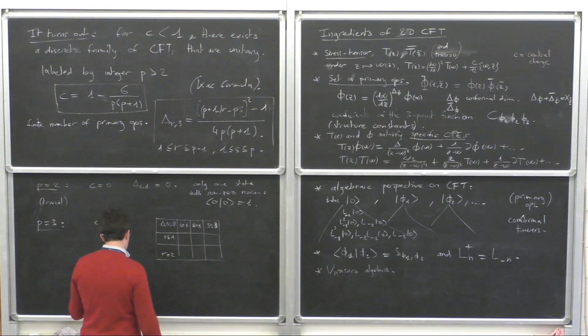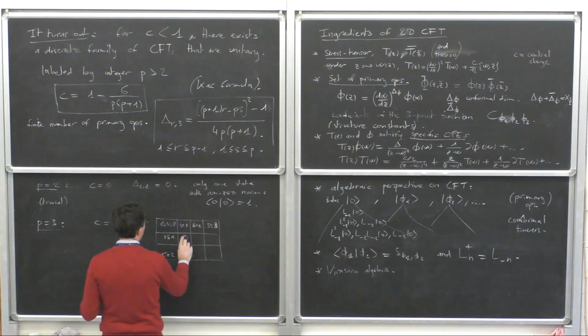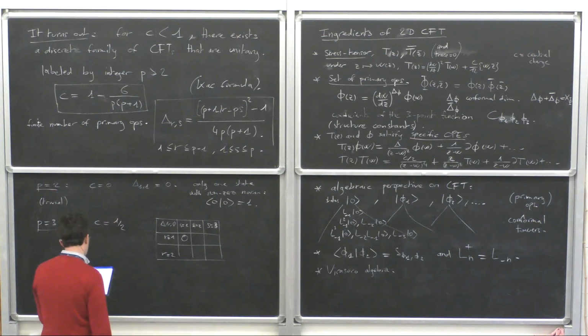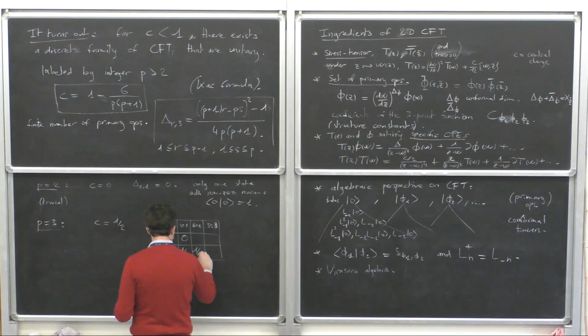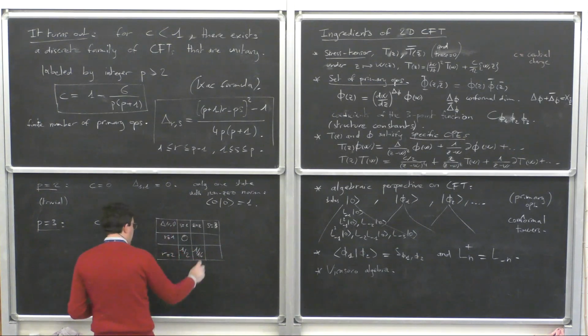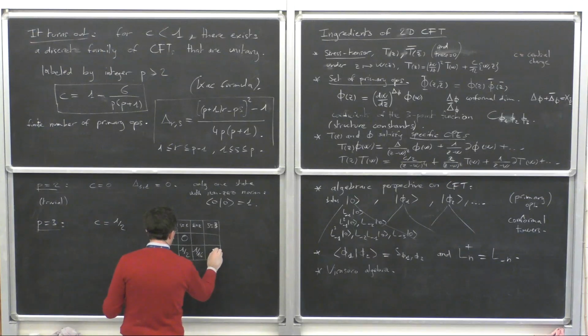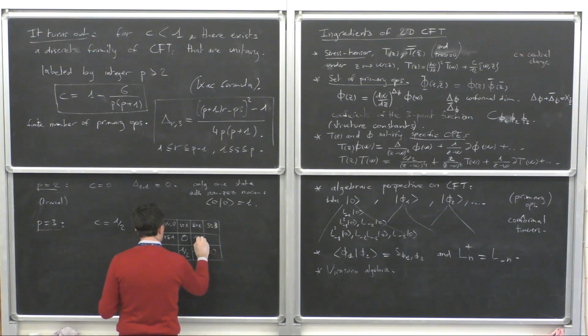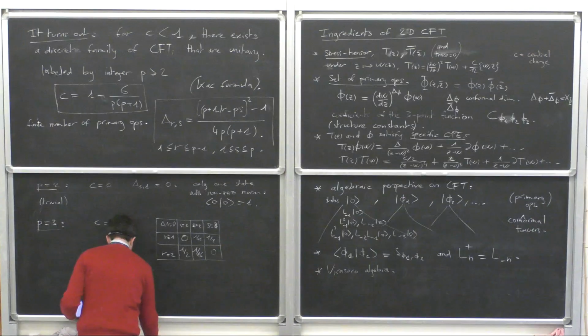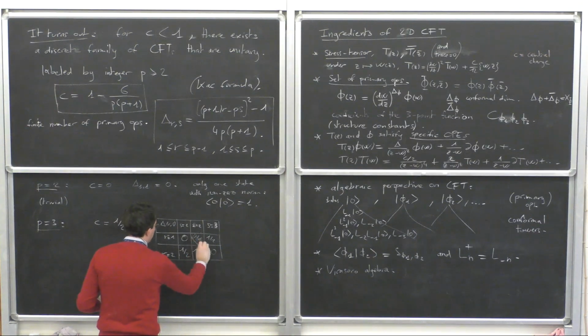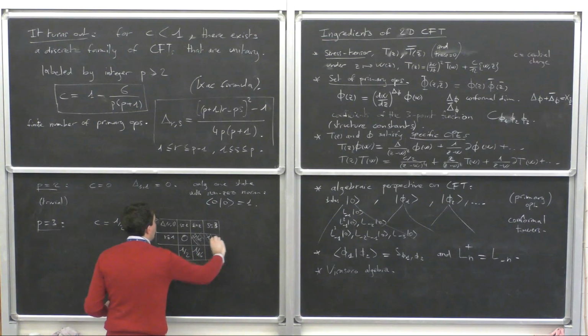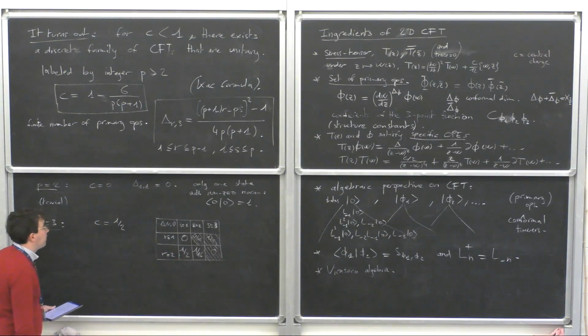You can compute the dimensions, and you'll find that there's one that has dimension 0. Okay, fine, that's the vacuum. The vacuum always has conformal dimension 0, and then there's one with conformal dimension 1/2, and one with conformal dimension 1/16. And the table repeats itself, so it's symmetric. So here it's also 0, and here it's also 1/16, and here it's also 1/2. But that's just a trivial symmetry of the table. So we should not view these operators as independent. So let's just remove those possibilities from the table.